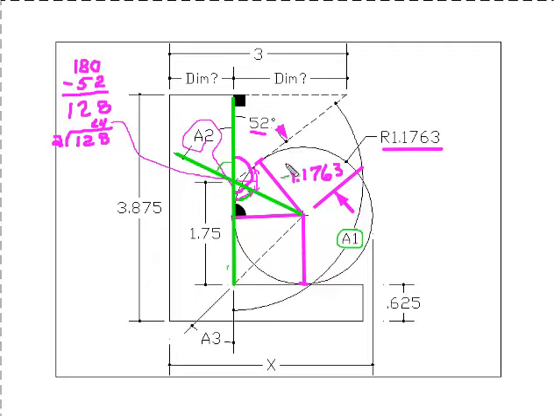That means the balance of the 180. Remember when we were looking for the 180? We had the 180, and we subtracted 52 degrees from it because it told us that that's what the 52 degrees is there. And we came up with 128. So A1 equals 128. And we know that A2 equals 64.